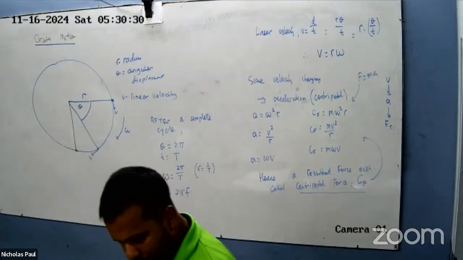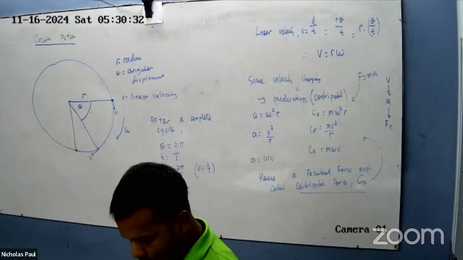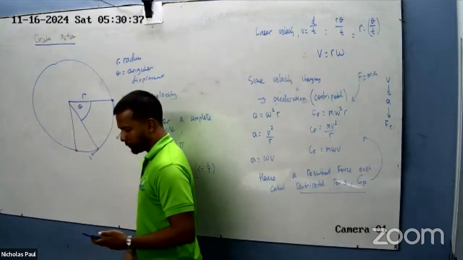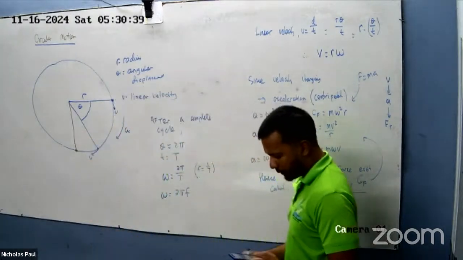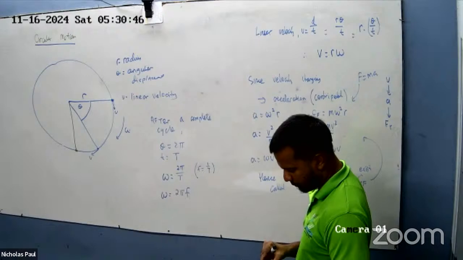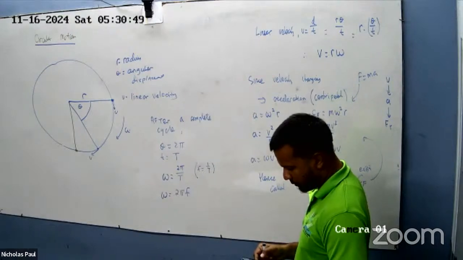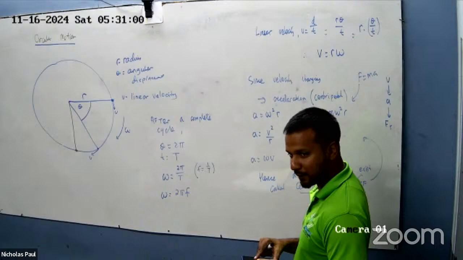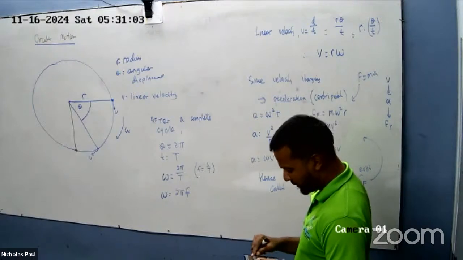Let's just draw the string and then draw the object. Draw the string and the object.